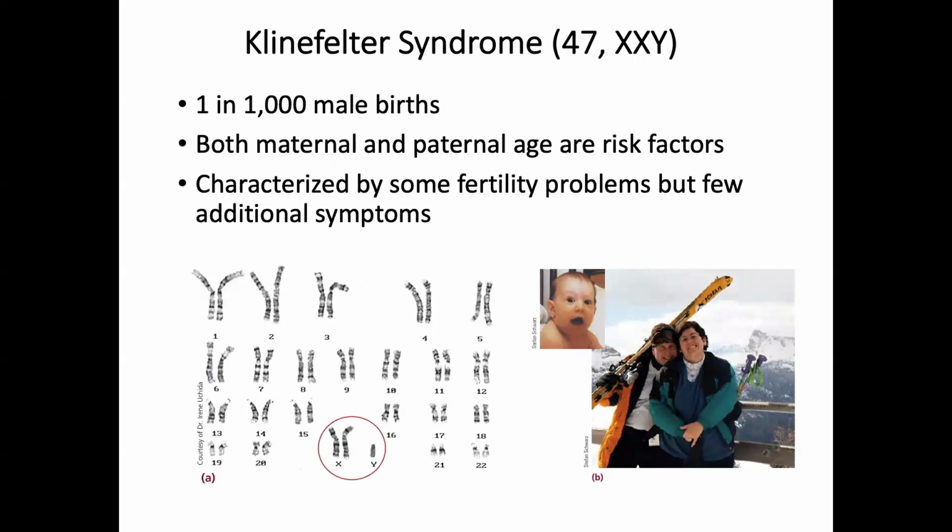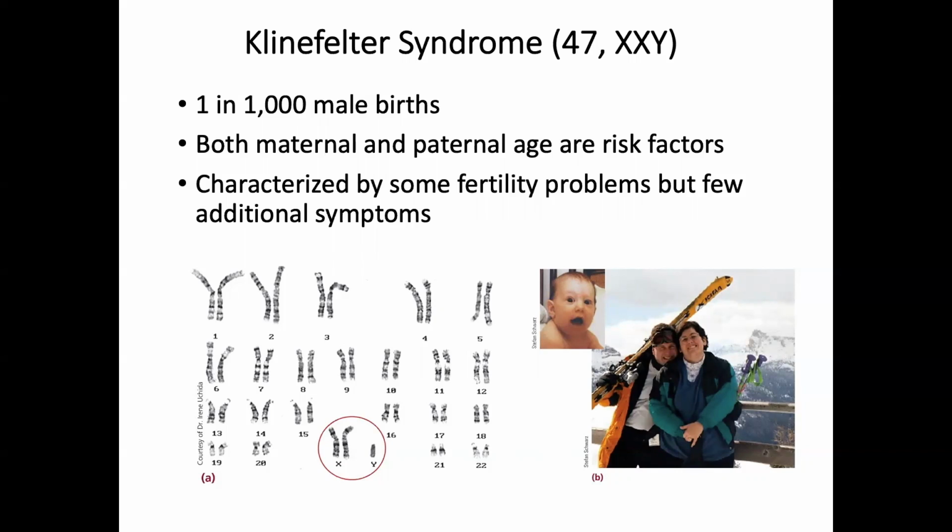Another sex chromosome related aneuploidy is Klinefelter syndrome, which results from an extra X chromosome in males. Therefore, the affected individuals have 3 sex chromosomes instead of the normal 2.